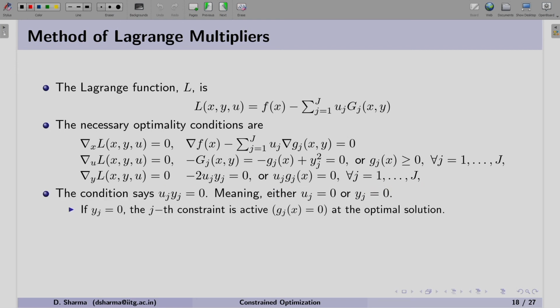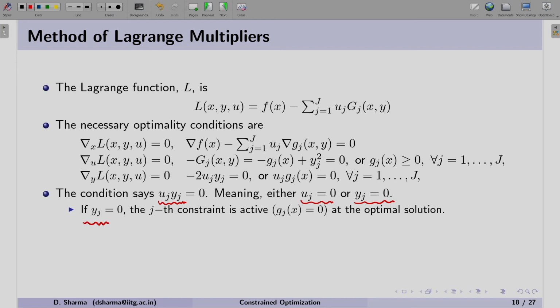Now, here the important point is that we have a condition called uj yj equals 0, meaning that either uj equals 0 or yj equals 0. So, let us take the case one by one.